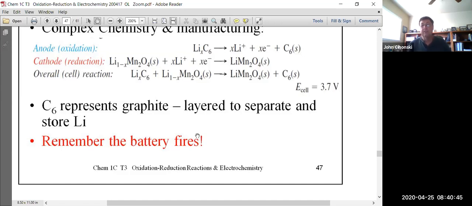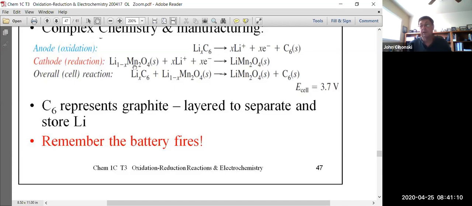If you have something that does not separate materials, or something that's flammable, if the wrong things touch, it would be like a short, where you have the anode and cathode in direct contact, where those electrons, instead of going around the way we want, can go directly from the anode to the cathode.